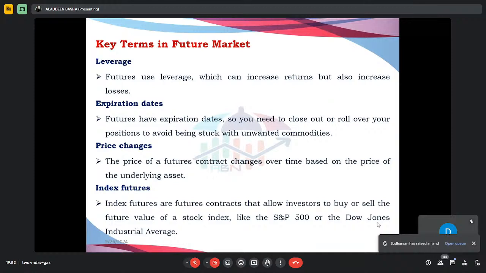Second one is expiry dates. Obviously, we just discussed the expiry date. Each futures contract has an expiry date. Stocks don't have an expiry date, but under the category of derivatives they have an expiry date. We'll discuss later. Similarly, price changes: based on the time frame and the days, the option price will change. And the last one is index futures.